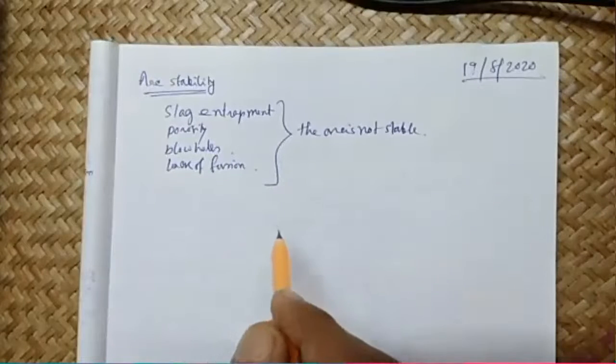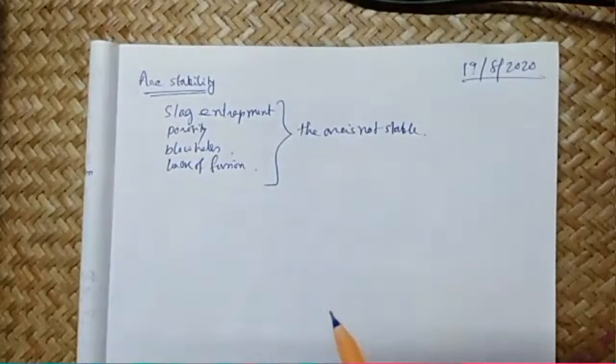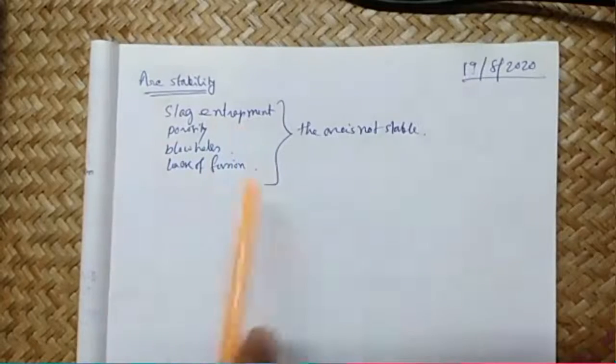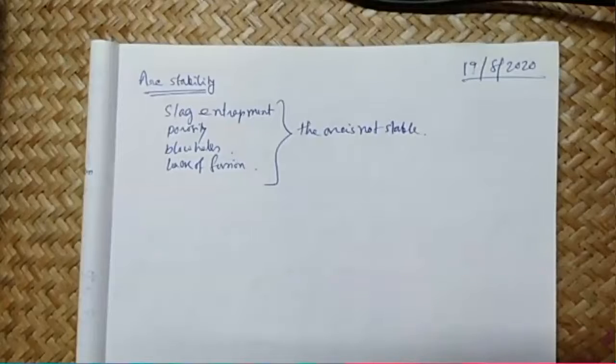This happens when the arc is not stable. Also, because of these things, the welding nuggets are lump-type forms that appear after the welding process.